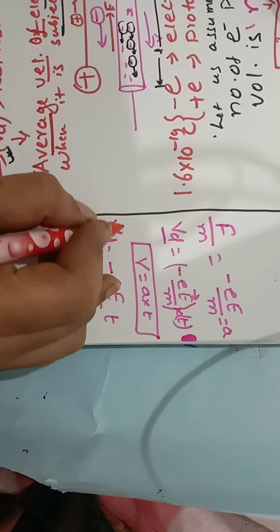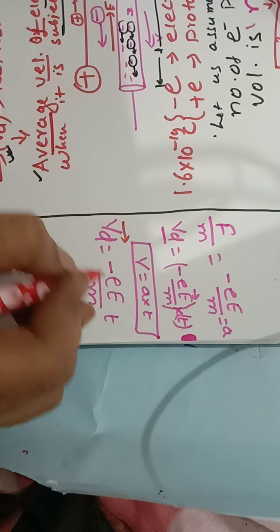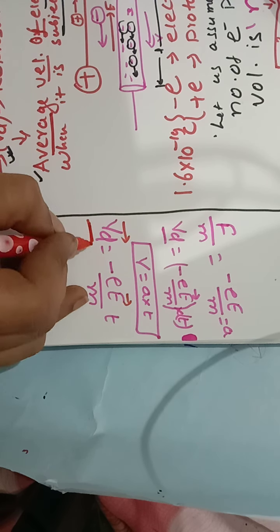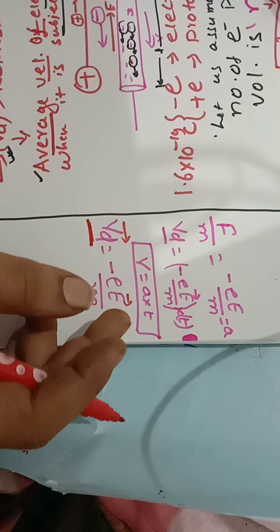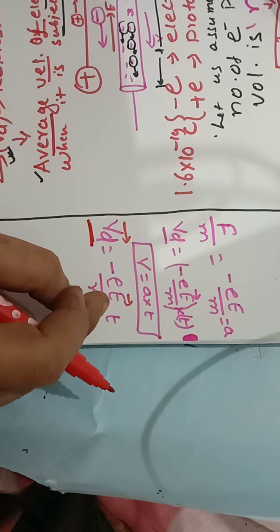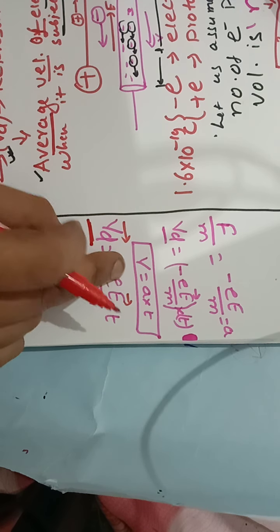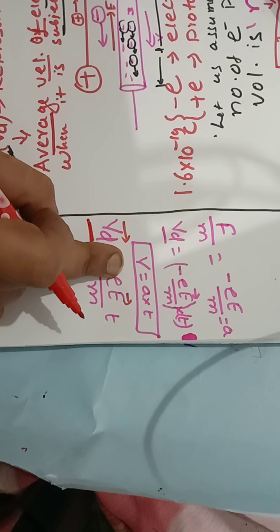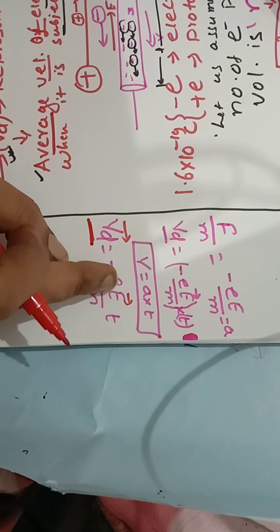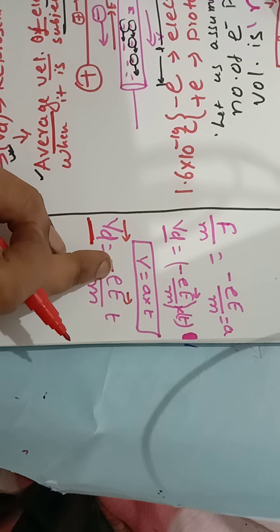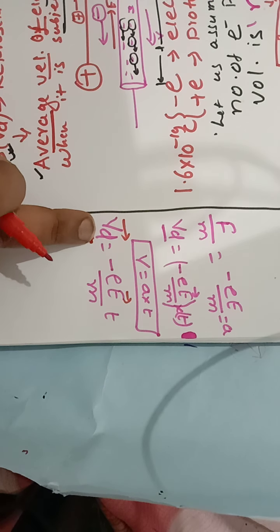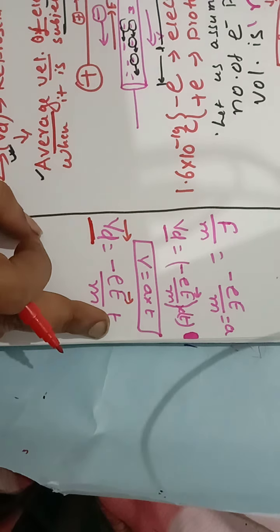Since velocity is a vector quantity and electric field is a vector quantity, if I infer from the equation, velocity will be in the opposite direction to the applied electric field. If it had been positive, we could have said velocity is in the same direction as the electric field, but since it is minus, the negative sign indicates the opposite direction. So the drift velocity will be in the opposite direction of the applied electric field, right?